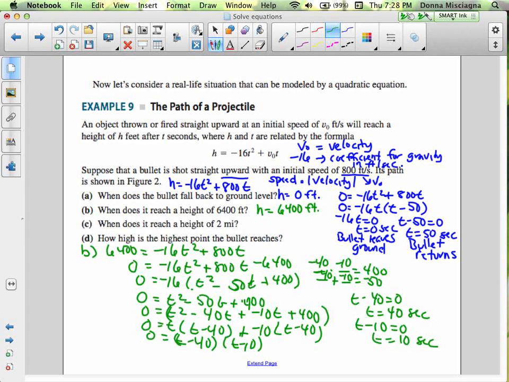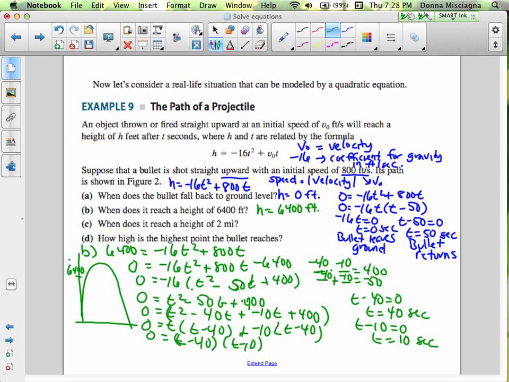And we have two solutions here. You might wonder what's going on. Well, our bullet goes up and our bullet goes down. Imagine this is a graph. We'll put them on the coordinate plane. Our y value here is 6,400 feet.